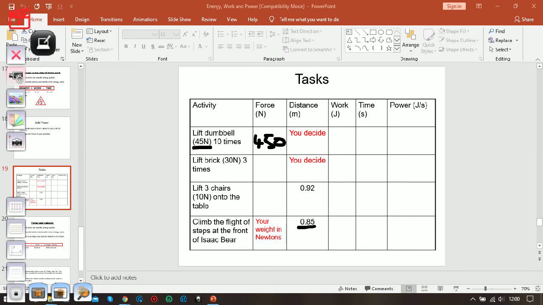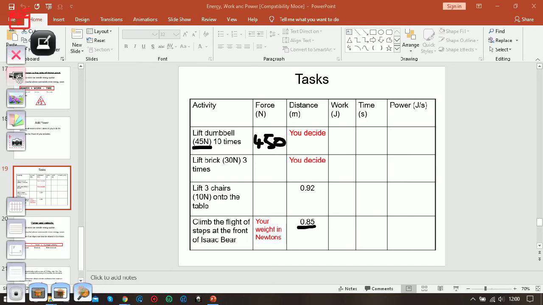Your weight in newtons. This is because you're climbing the flight of steps, you are essentially lifting your own body weight up, right? So that's your mass in kilograms multiplied by 9.8. Now, if you have a scale, you can go and do that. If you don't, then you can estimate it. I really don't mind.